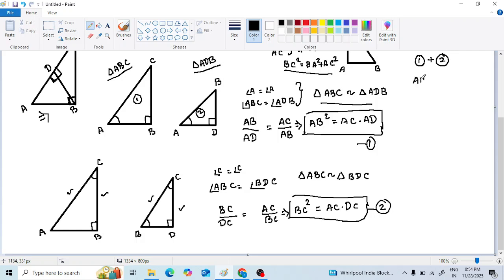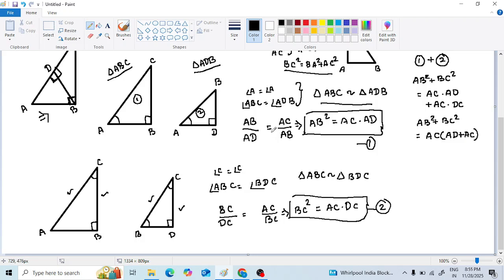The left hand side is AB square plus BC square. Then what is the right hand side? The right hand side is AC dot AD plus AC dot DC. Now AB square plus BC square is equal to, I take AC as common, so inside the bracket I will get AD plus DC.